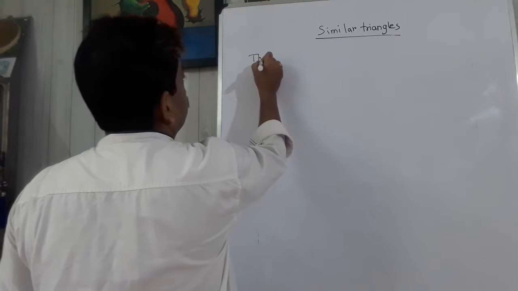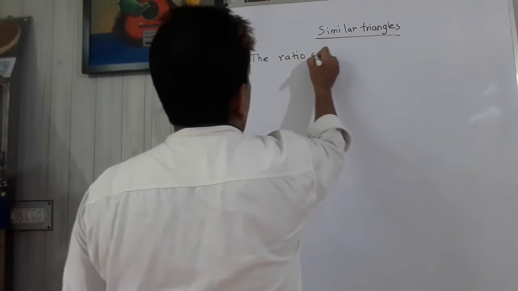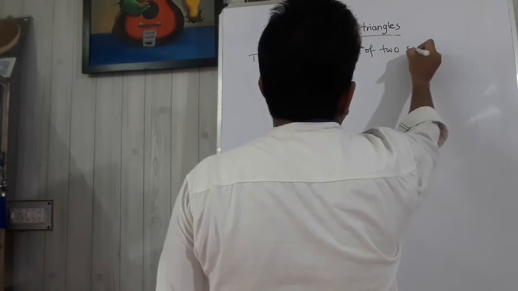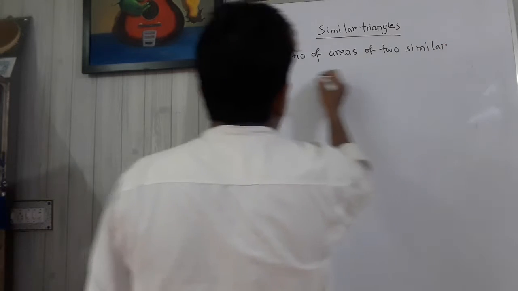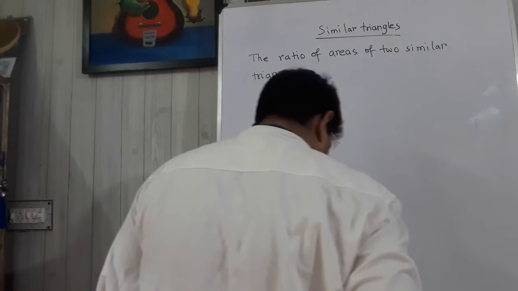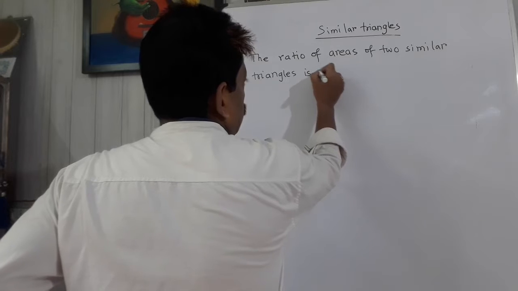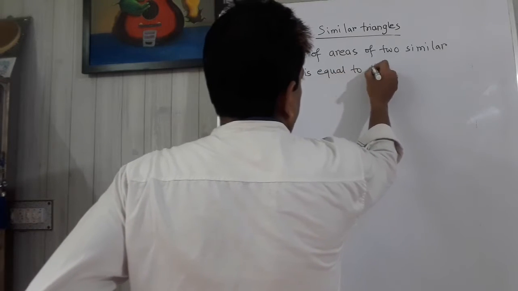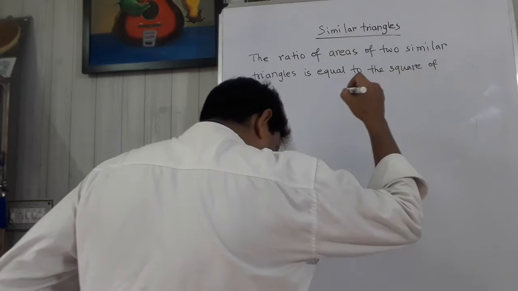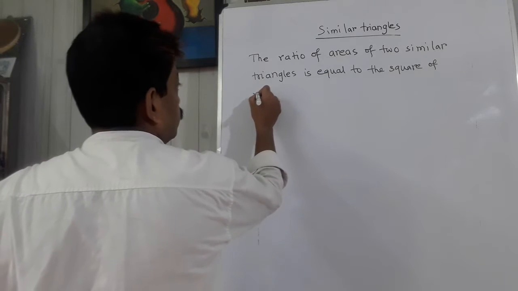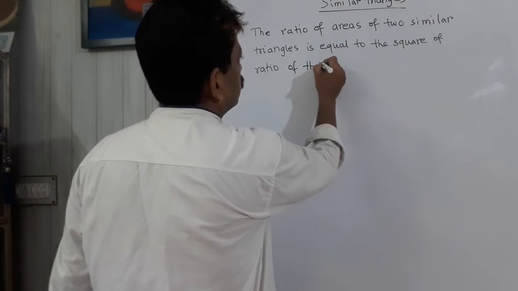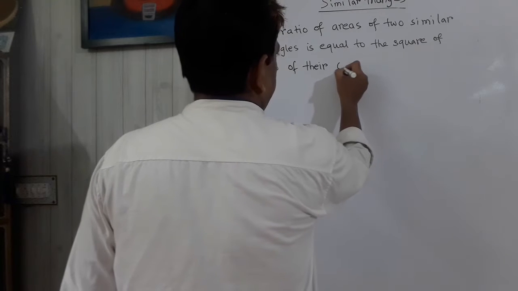The ratio of areas of two similar triangles is equal to the square of the ratio of their corresponding sides.